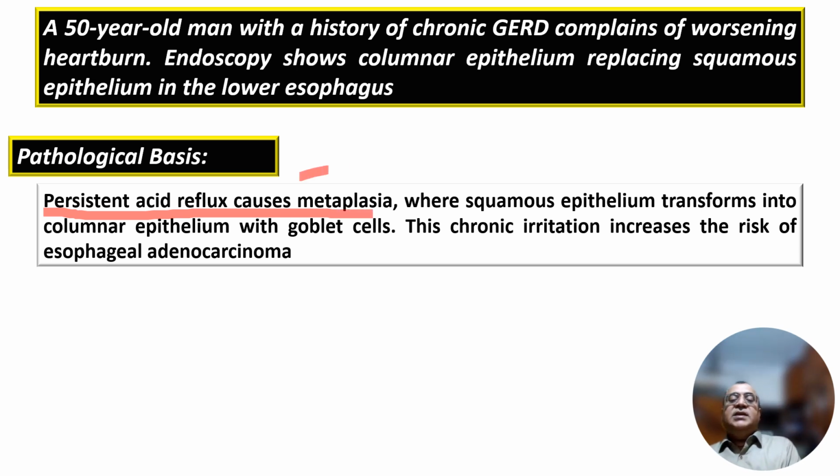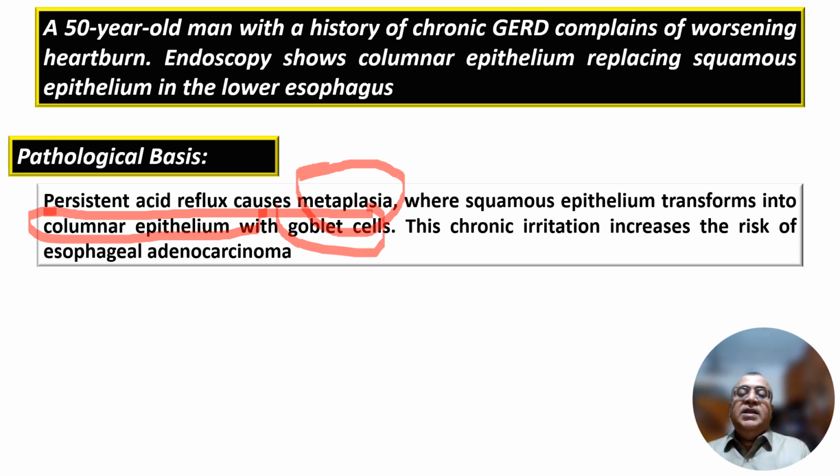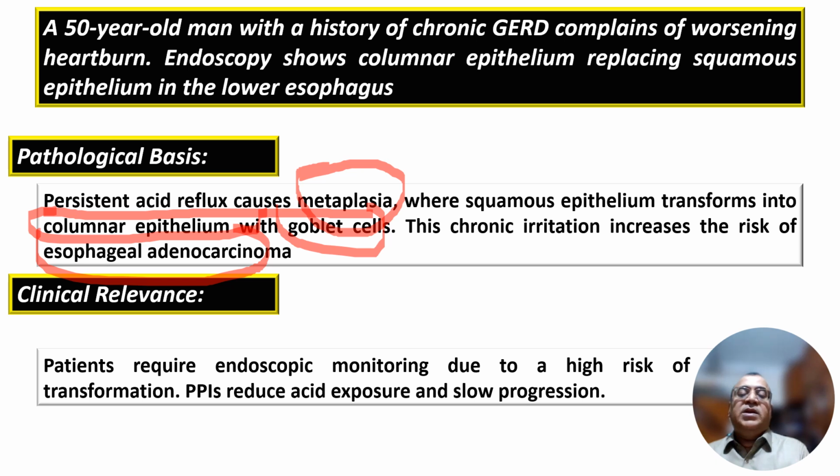In the metaplasia, the squamous epithelium of the lower esophagus is transformed into columnar type and there is formation of goblet cells. This also increases the risk of esophageal adenocarcinoma, and patients with this condition require endoscopic monitoring along with PPIs, proton pump inhibitors.